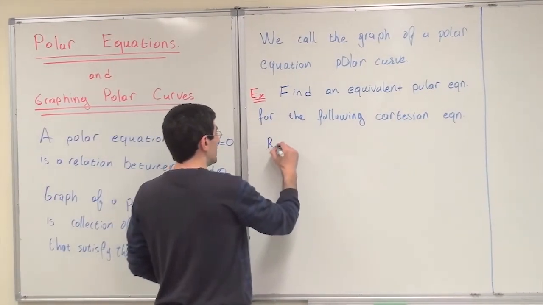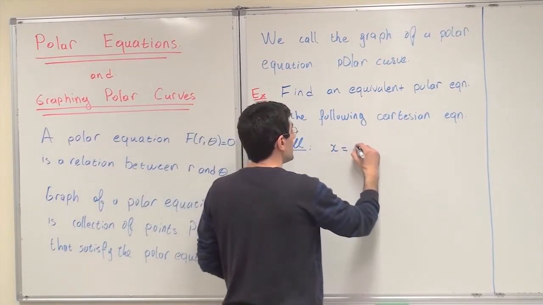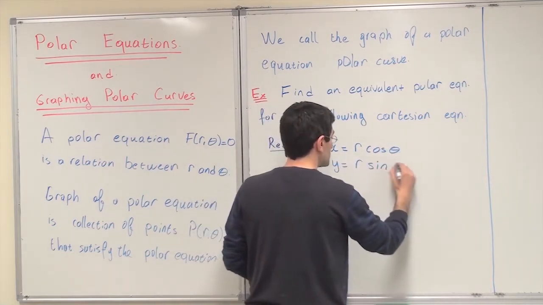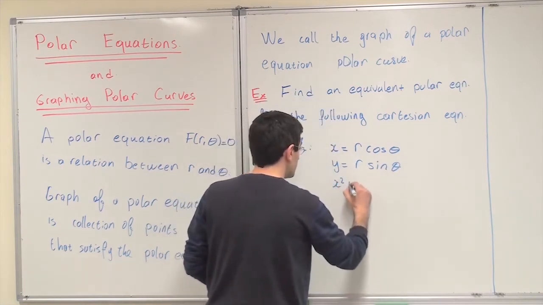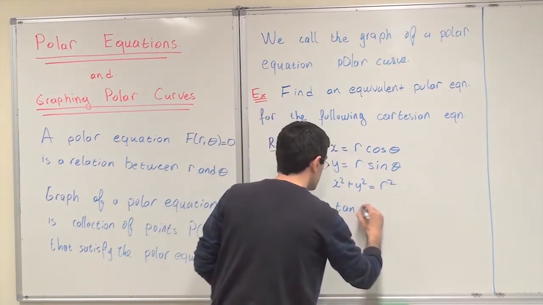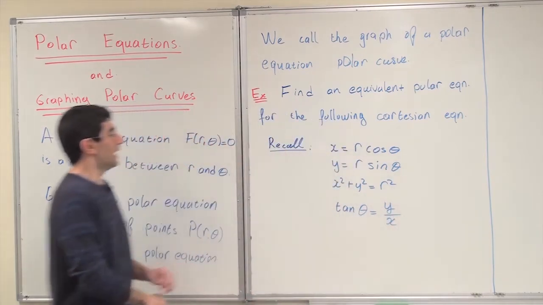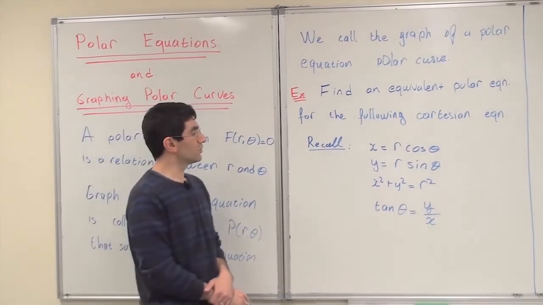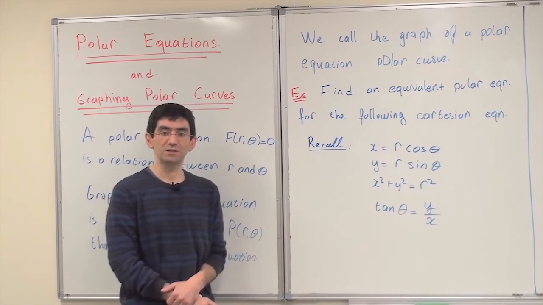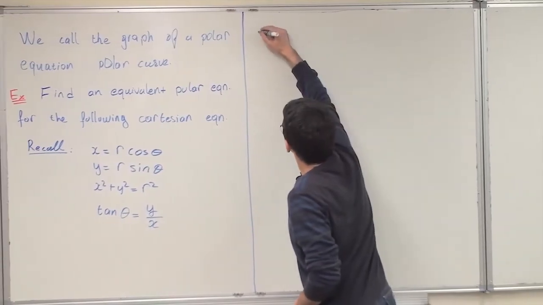So, we recall that the x is equal to r times cosine theta, y is equal to r sine theta, and x squared plus y squared equals r squared, and tangent theta is equal to y over x.